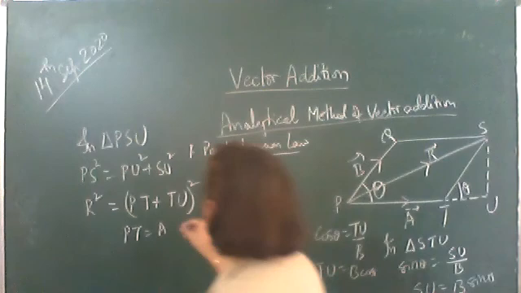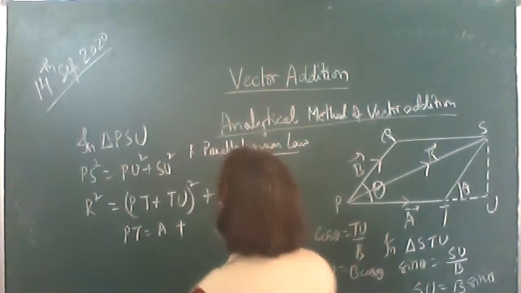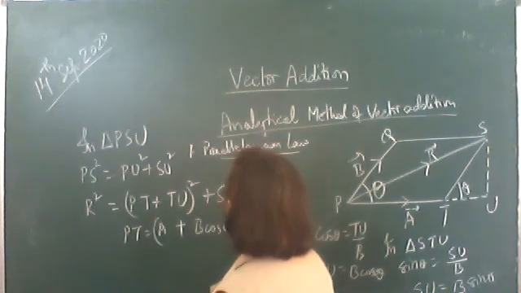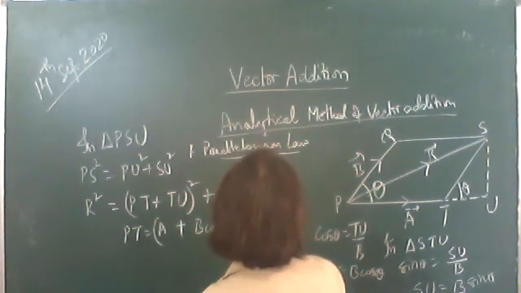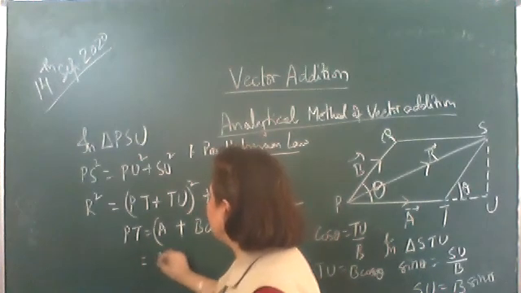Okay, substitute it here. Plus TU. TU is how much? B cos theta whole square plus SU square. SU square is B sine theta whole square. Okay, simplify it.